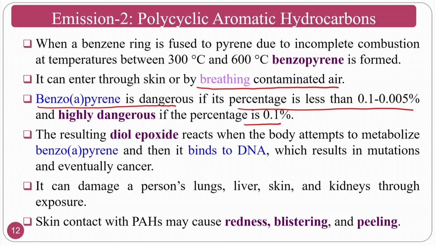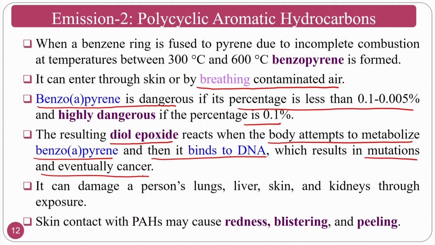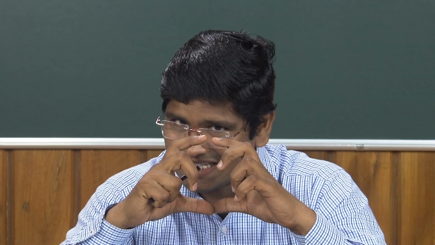This results in diol epoxide. The body attempts to metabolize benzopyrene and then it binds to DNA, which results in mutations and eventually cancer. That means whenever benzopyrene enters the body, it will go and occupy the DNA. DNA is the most important part of your cells.